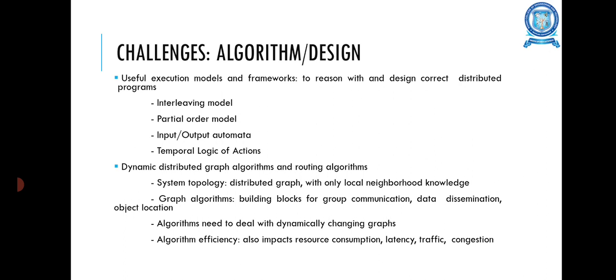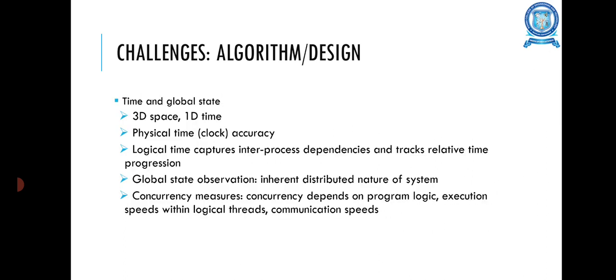The models are the interleaving model, partial order model, input output automata. Then the next one is temporal logic of actions. The next one is dynamic distributed graph algorithms and routing algorithms. Here system topology and graph algorithm efficiency are included in this challenge.